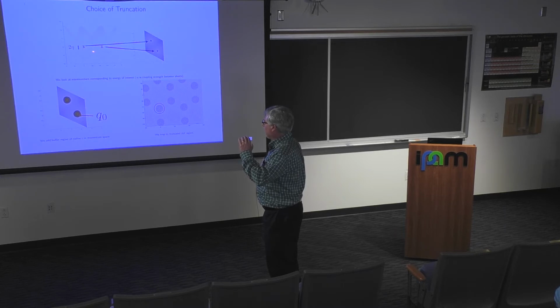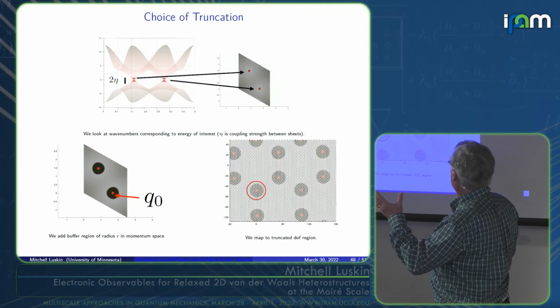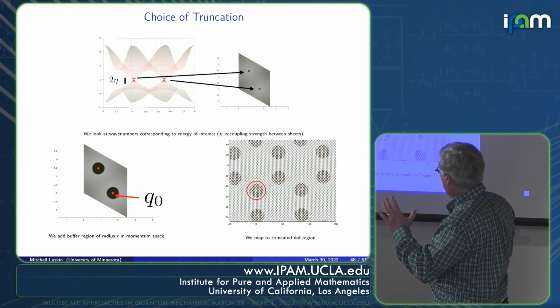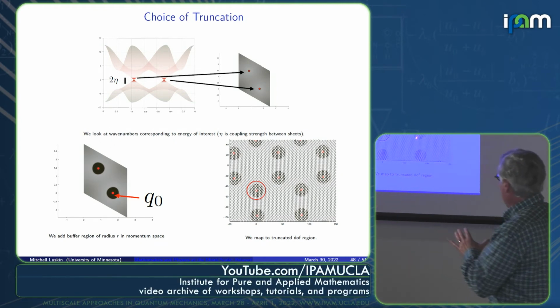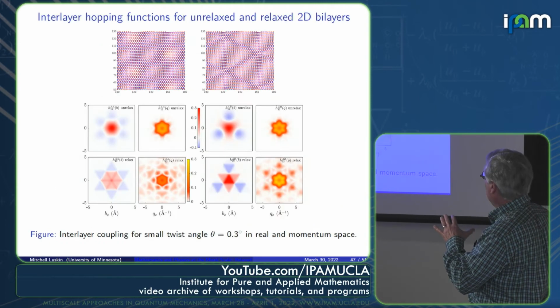This is a projection onto the Brillouin zone of one of the layers, it doesn't really matter which. Then here it's a bigger picture, and here we can transform that to reciprocal lattice space.